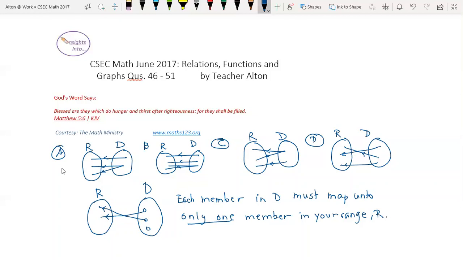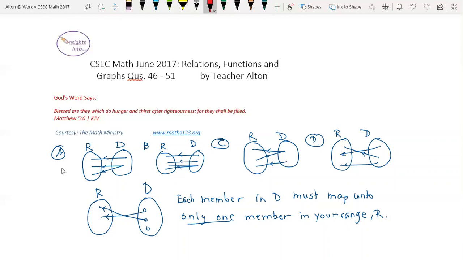Now read that a couple of times, make sure you understand what it is saying, and then we'll examine the diagrams above. Each member in the domain must map onto only one member in your range. Right, let's examine each diagram.